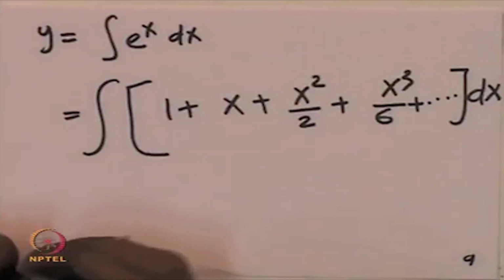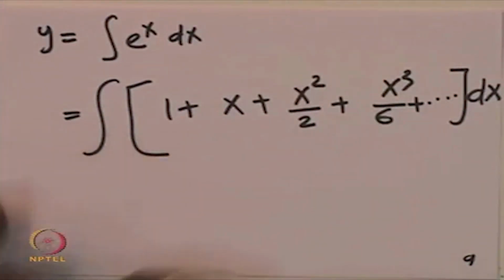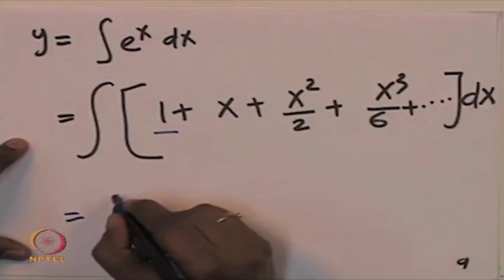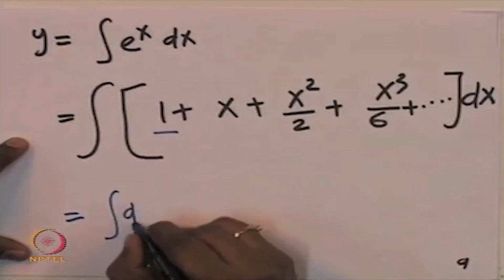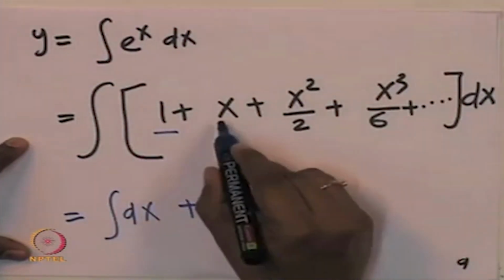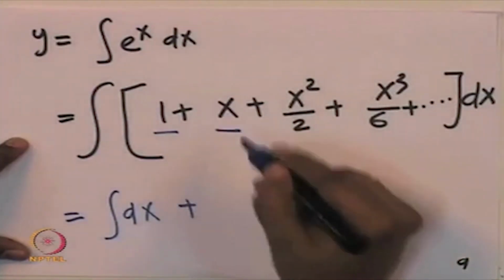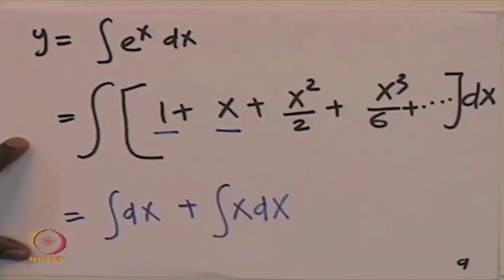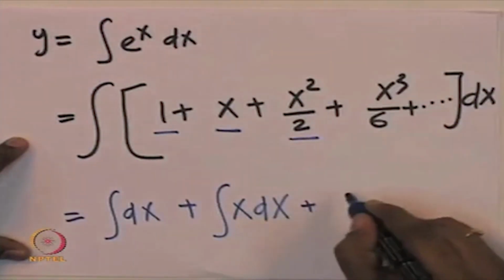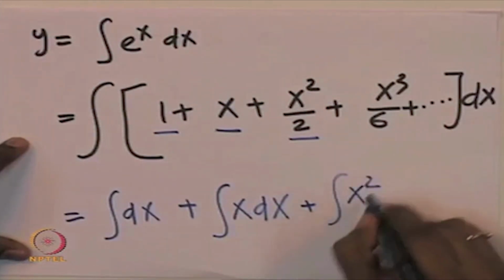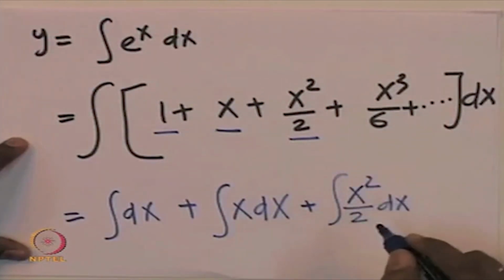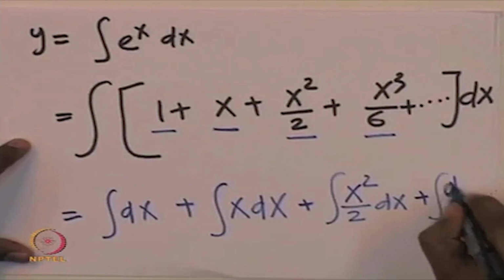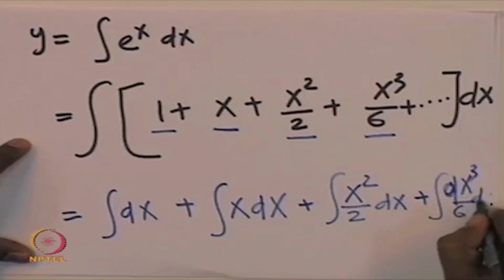Let us have a look at the first term: 1 into dx. The integral of the first term is integral dx, plus the second term, integral x dx, the third term, integral of x square by 2 dx, and the next term, integral of x cube by 6 dx.